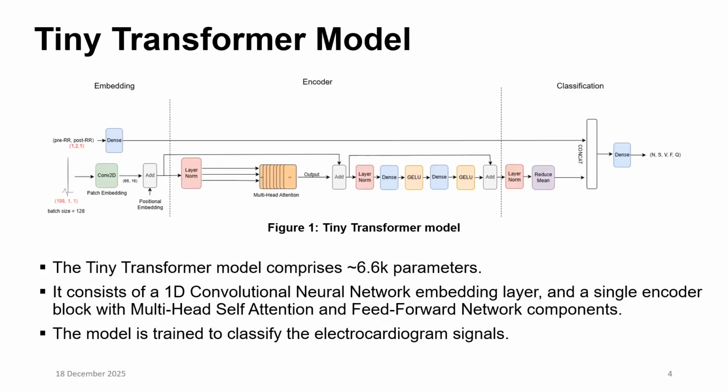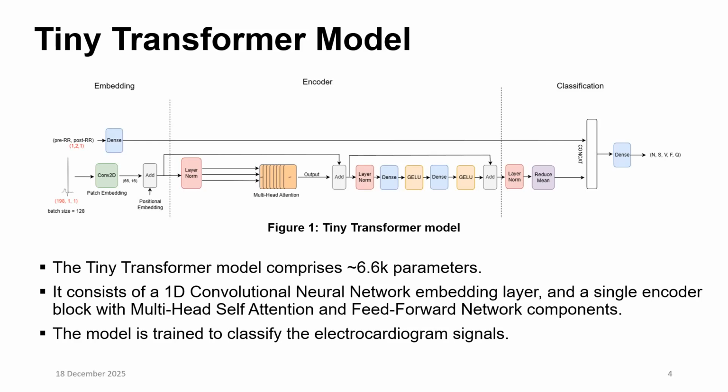So this is the tiny transformer model. It consists of three stages. First is the embedding stage, which is simply a CNN that takes the ECG data, 198 points of sequence data, and does the patch embedding, which is learned through training, and then goes through the normal transformer encoder.